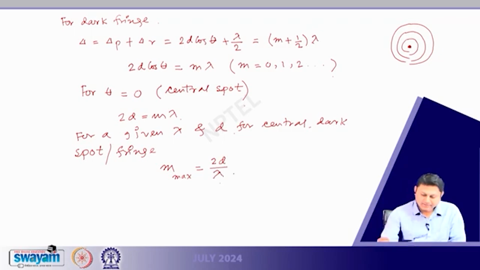Now, if I go from this spot to another dark ring, there will be a value of cos theta. Cos theta will not be 0, and d and lambda are the same, so whatever m value we have for the next ring, it should be less than what we have here. That is why I write m max is 2d divided by lambda.